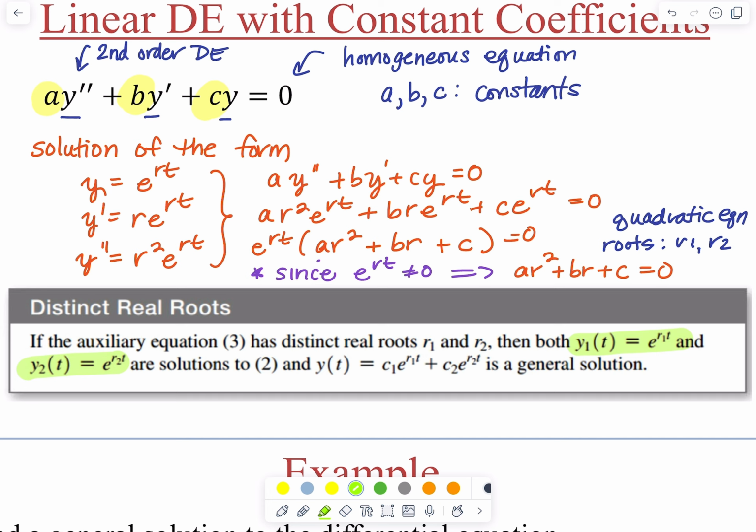Now, you can see here we come up with a general solution. This is our general solution. And basically what it says is that since both of these solutions are linearly independent, this general solution provides every linear combination of both of those solutions.